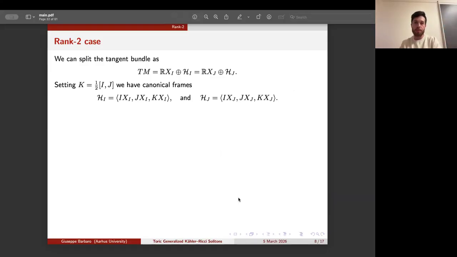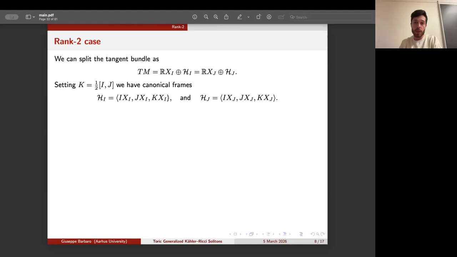So this means that we can split the tangent bundle in two different ways, one with respect to xi and one with respect to xj. And here the horizontal component will be spanned by I of xi, J of xi, and K of xi, where K is just the commutator of the two of them.